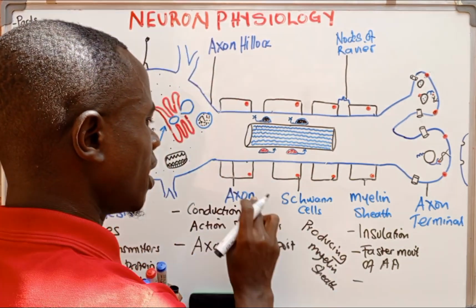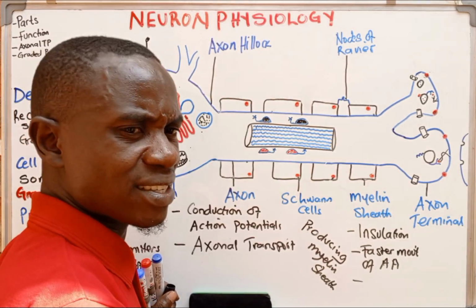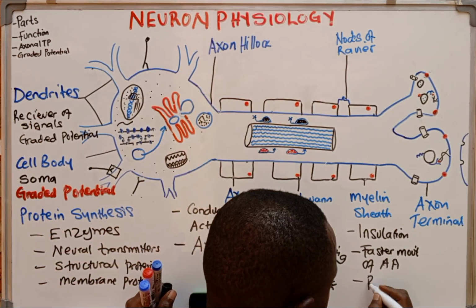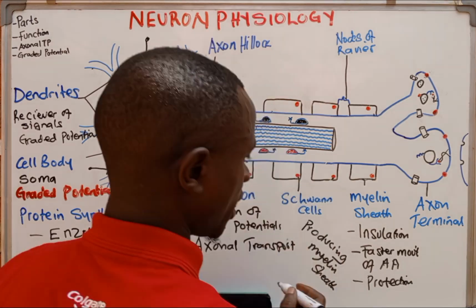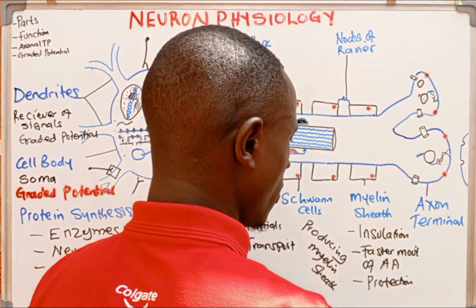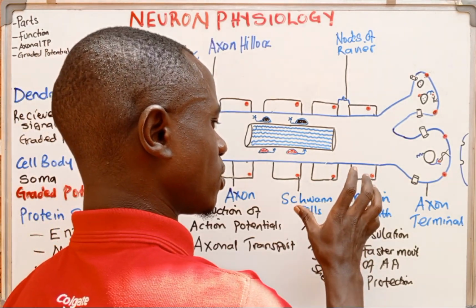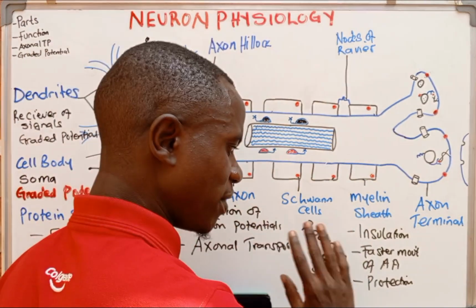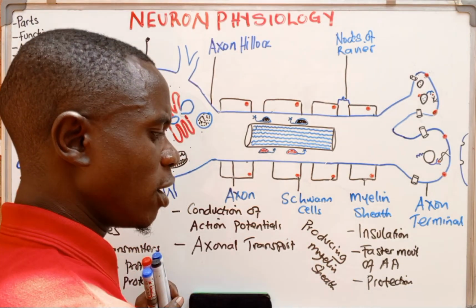What else? Don't you think these guys are also going to be protecting these axons? Yes, they are doing a role of protection. So the myelin sheath is that fatty substance doing the role of insulation, faster movement of action potentials, and also protection.